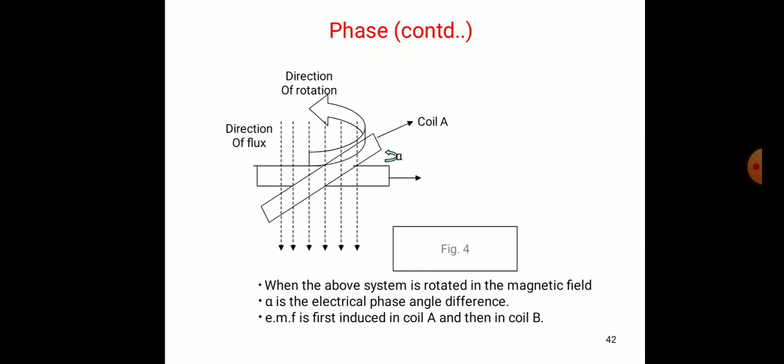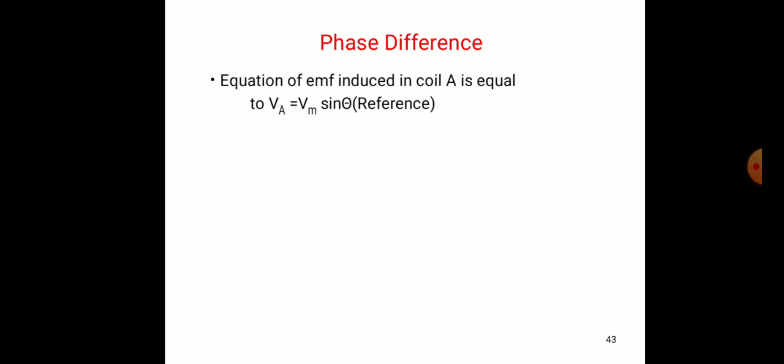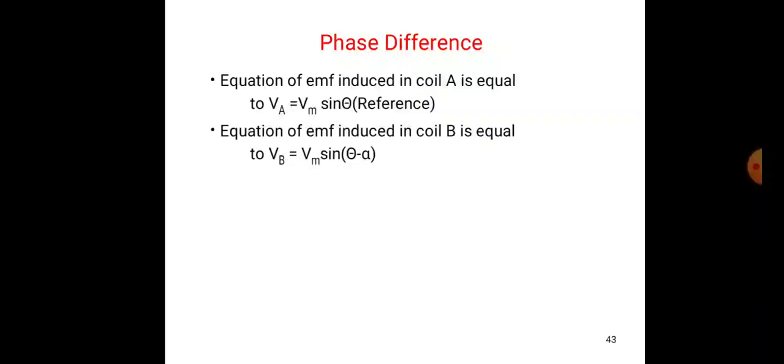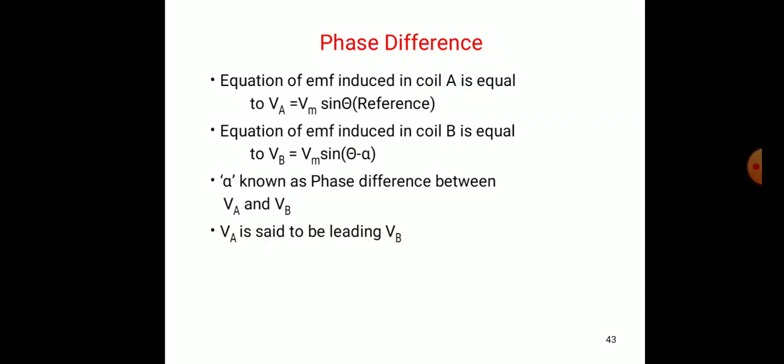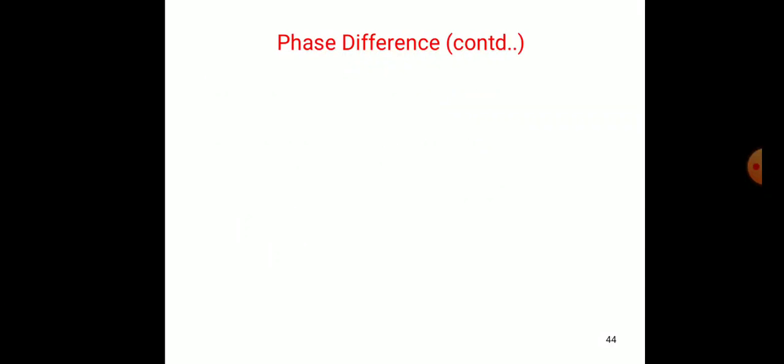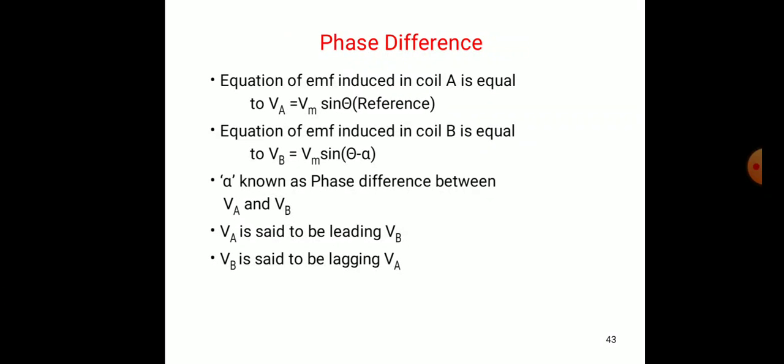The EMF is first induced in coil A and then coil B. The equation of EMF induced in coil A is VA equal to Vm sin theta. In coil B it is Vm sin theta minus alpha. Alpha is known as the phase difference between VA and VB.